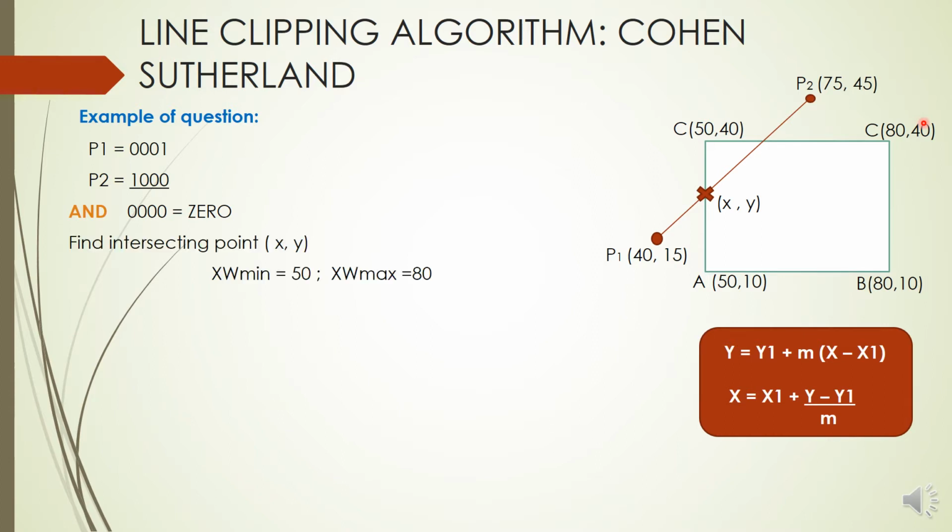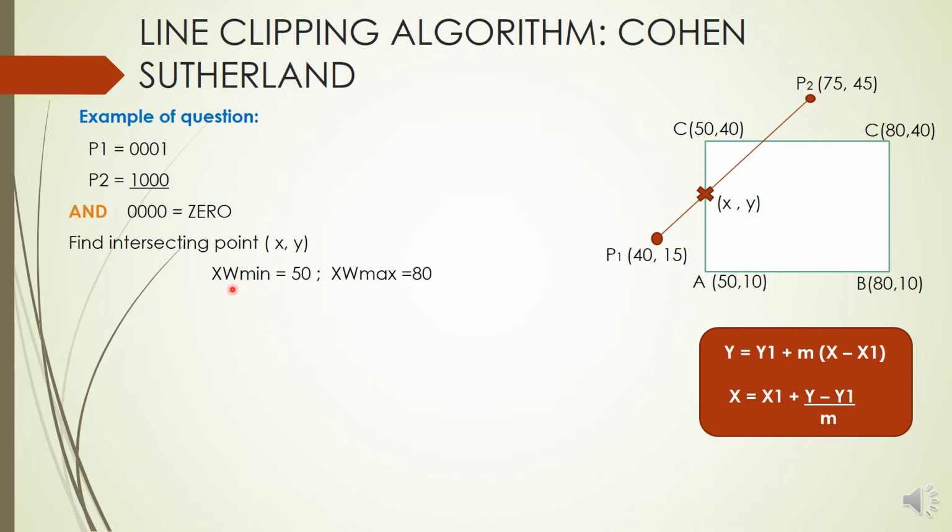XW min is always 50, which is here, and XW max is always 80. This one is 80, this one is 50.